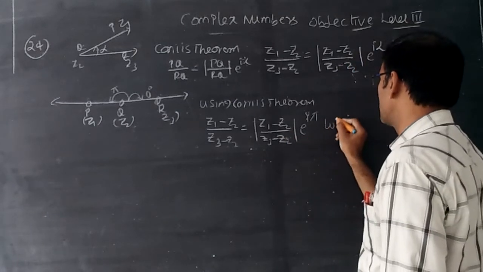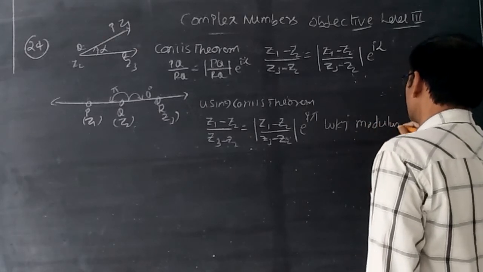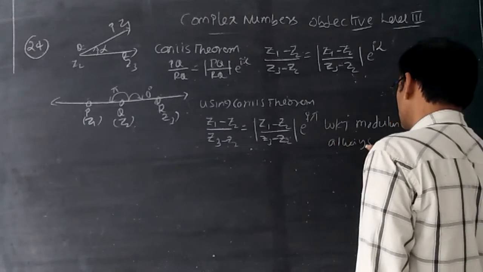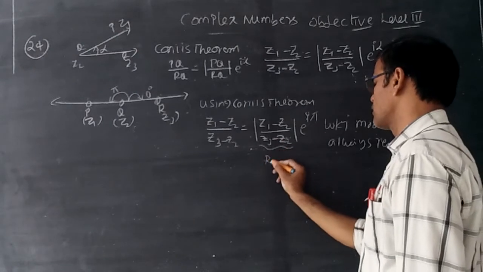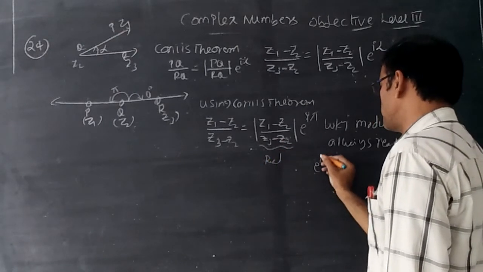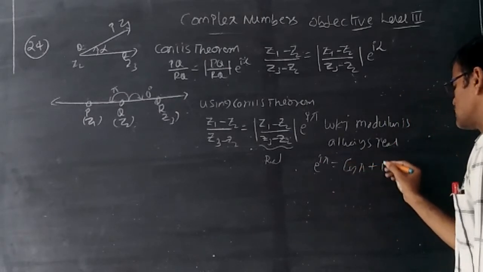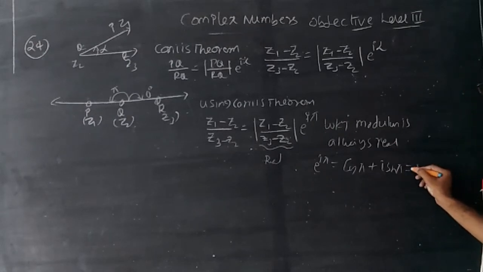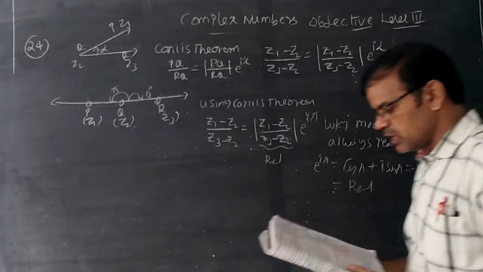We know that modulus is always real, so this is the real part. e power i pi means cos pi plus i sin pi, which becomes minus 1 plus 0. It is minus 1. So this is real. So the answer is real, only real.